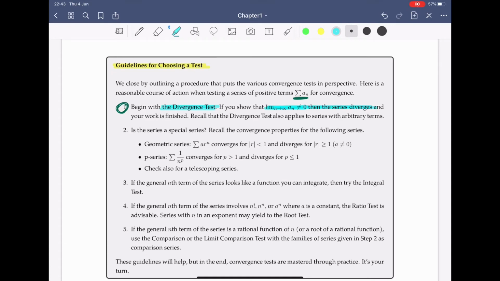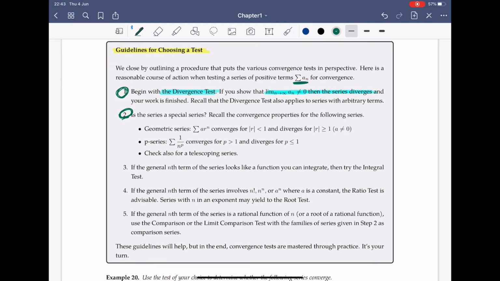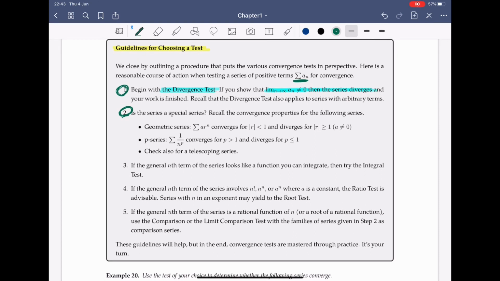So number 2, if you feel like the divergence test does not work, you can look at the series and check if there is a special case. It could be a geometric series. If it is a geometric series, the series is going to converge when the absolute value of r is less than 1. Otherwise, it will be divergent.